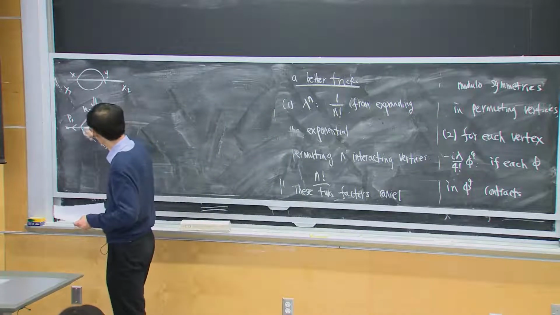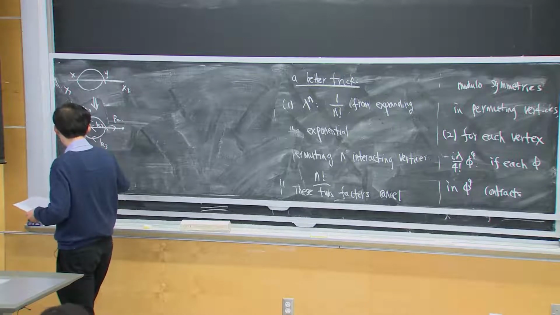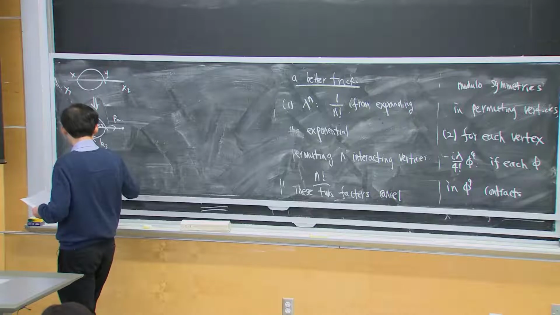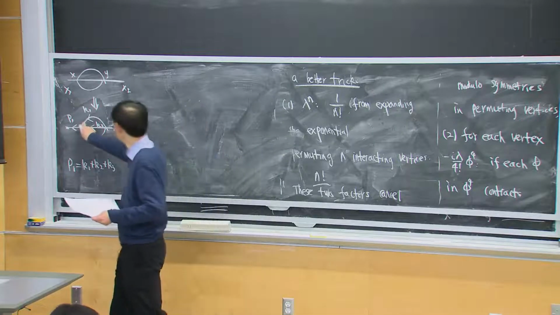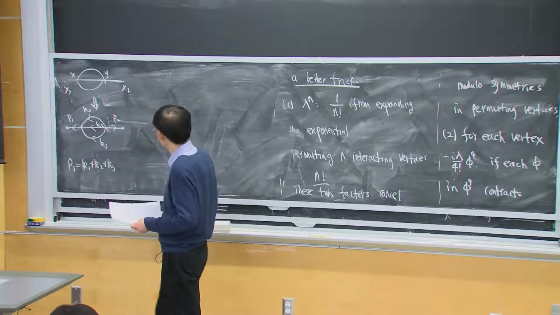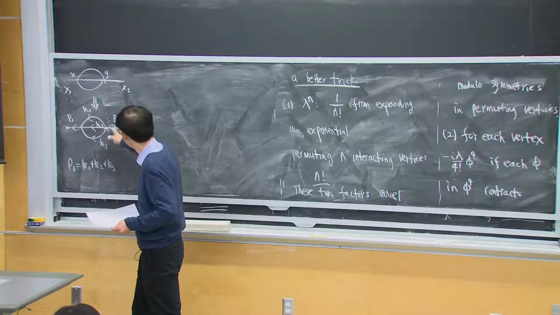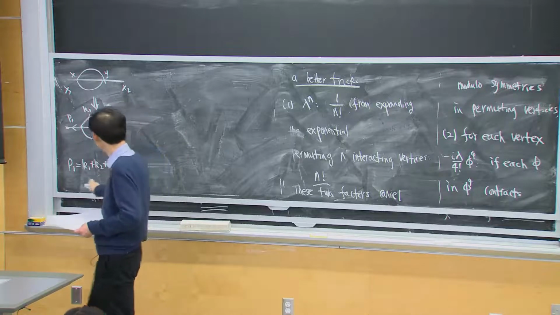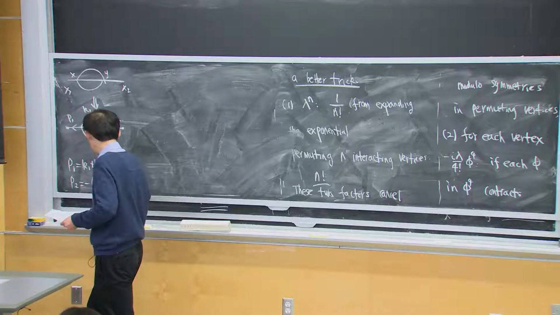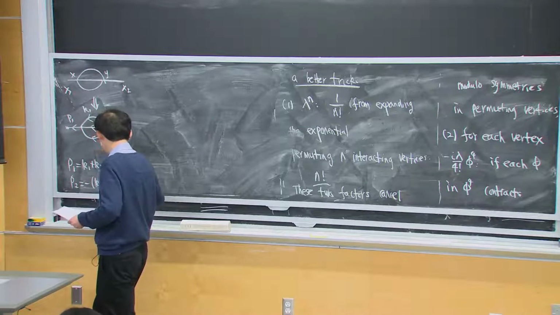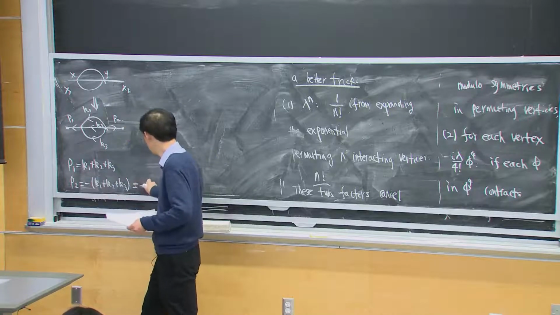From momentum conservation at this vertex, p1 should be equal to k1 plus k2 plus k3. At the other vertex, they all go away from this vertex, so p2 will be minus (k1 plus k2 plus k3). That means p2 should be equal to minus p1.